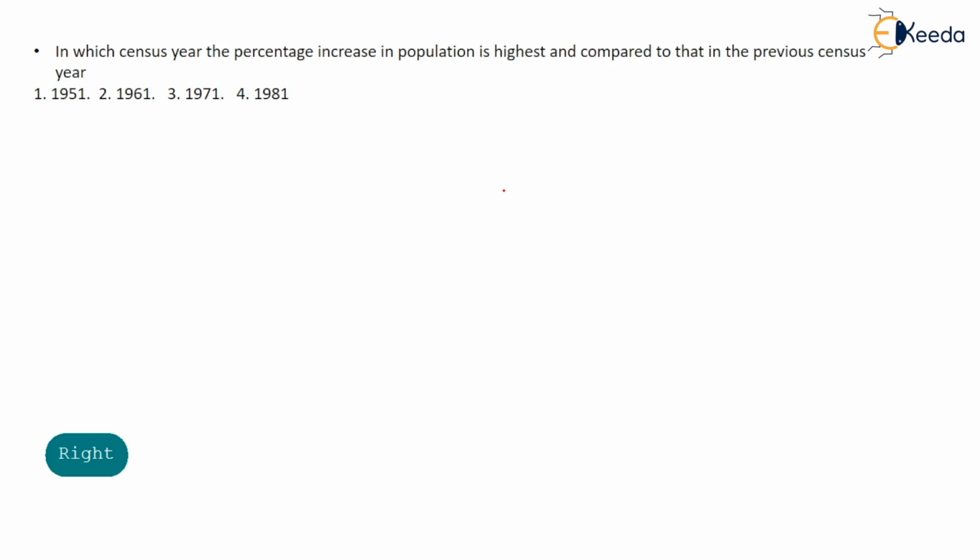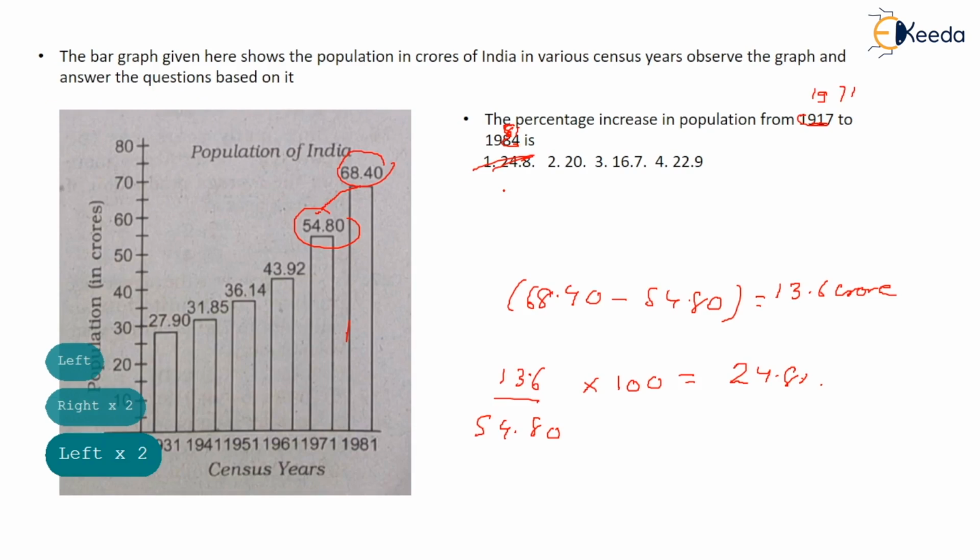In which census year is the percentage increase in population highest compared to that in the previous census year? You can see this on your own and tell the answer, right? Highest percentage increase, you can see that it was in 1981, right?